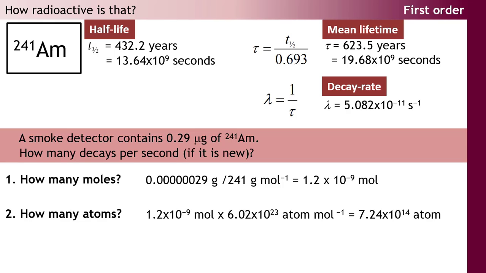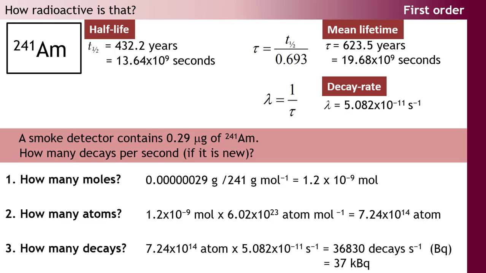Since we know the decay rate from above and the number of atoms that we have, we can work out how many decays, on average, we should get for each second. This gives us almost 37,000 decays per second. Actually, decays per second is the radioactivity unit of the becquerel. And what's nice about that is 37 kilobecquerel matches what it says on the warning label on my smoke detector.